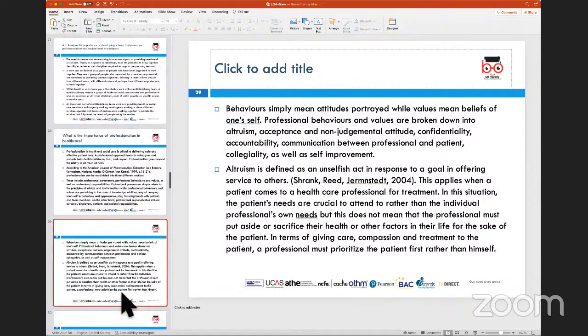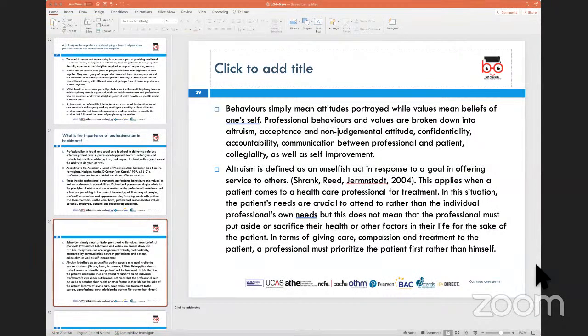within health and social care. Now, when we look at certain aspects of professionalism, we look at behavior in general, your values, your cultural beliefs, your knowledge, your skill, and the academic or vocational skills that you bring to your job profile. When we talk about behaviors, we are talking about the attitudes that you portray, which are influenced by the beliefs that you have, and these can be further broken down into values.